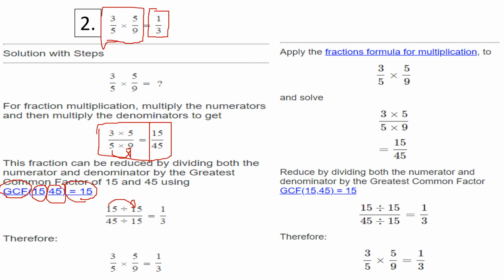So 15 divided by 15 is equal to 1. 45 divided by 15 is equal to 3. Okay, therefore the answer there is 1/3 or 1 over 3. So therefore 3 over 5 times 5 over 9 is equal to 1 over 3. Okay, so let's proceed to number 3.